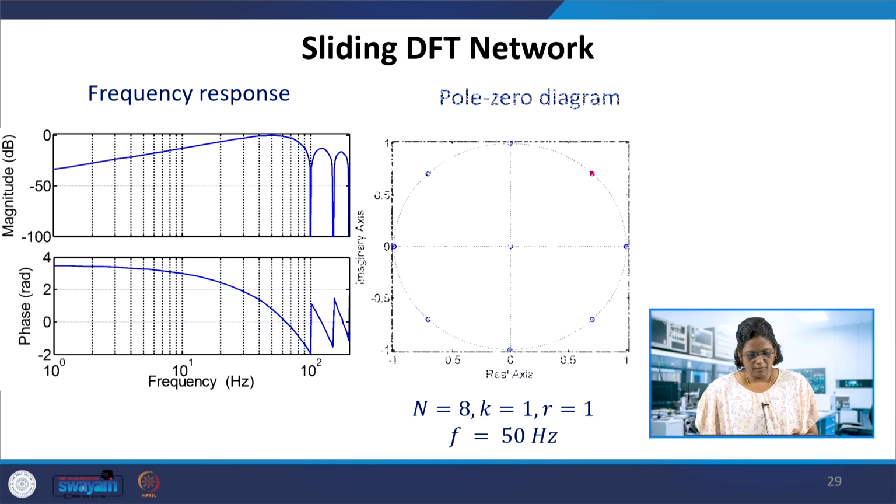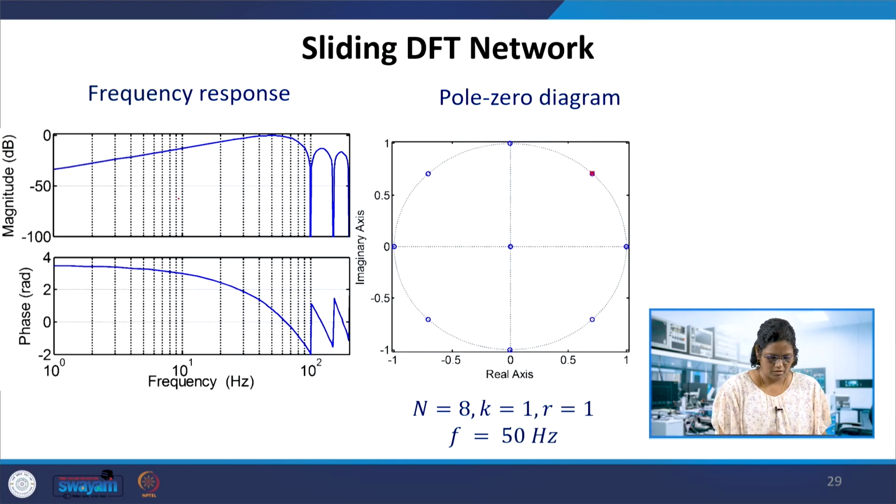So when we take the frequency response, this is 1 and then 10 over here, 100 hertz. So you can see the zeros at DC, 50, this is the fundamental, and the second harmonic. So here we have this at 0, which corresponds to the zero, and the next would be here at 100.